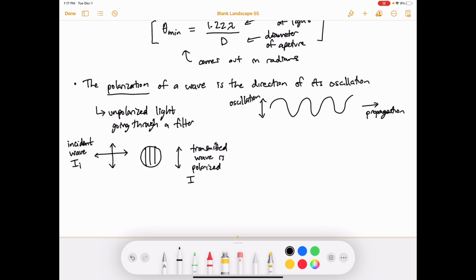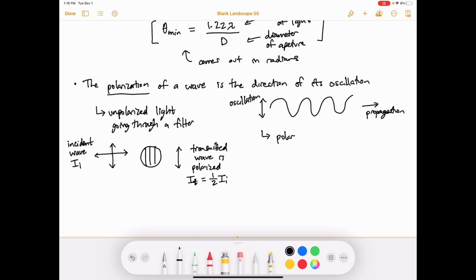And the intensity of that transmitted wave, which we'll call I_T, that would just be 1/2 of the incident intensity, okay? So that's what happens when you have unpolarized light going through a filter.